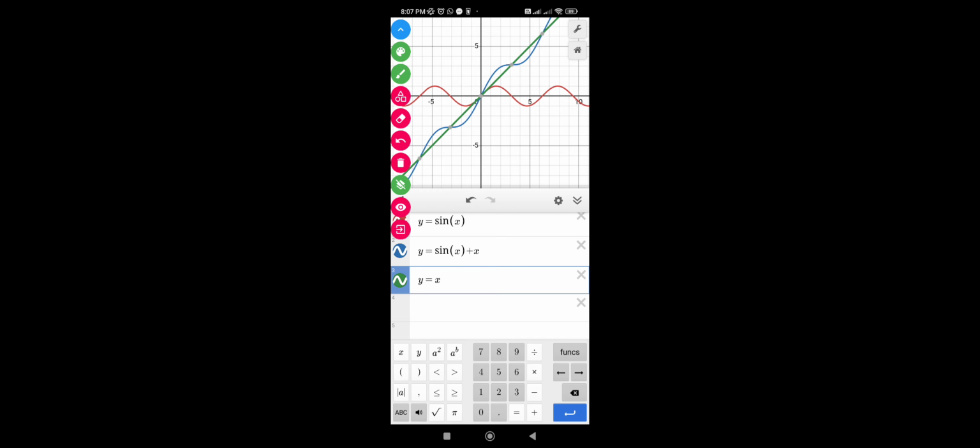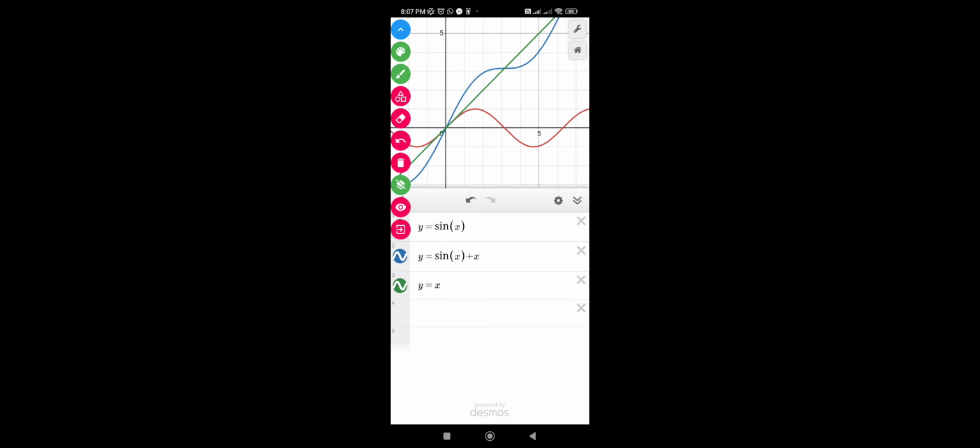So now what we are going to do is, we just studied that the intersection point of the function y equal to x and the g of x function, that intersecting point is the fixed point of g of x, right? So that is the thing we are going to see here.